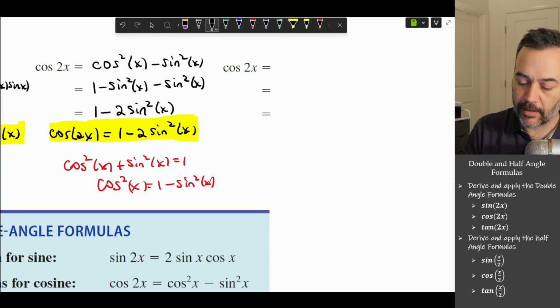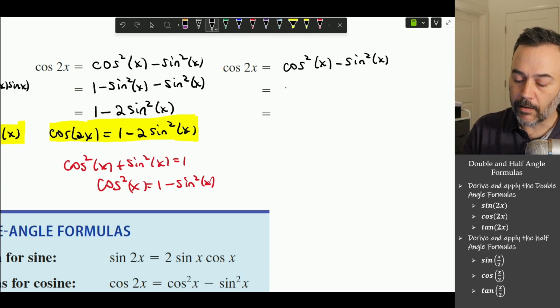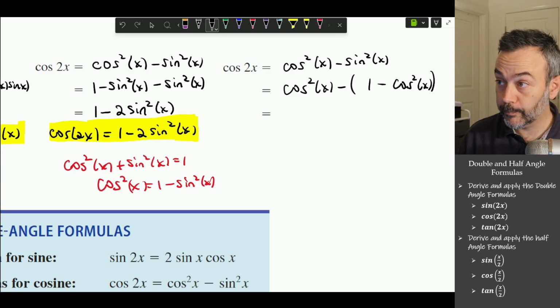So let's do that. Cosine 2x is, well, the first identity is this minus this. Okay. And now I'm going to leave cosine squared alone this time, but I'm going to substitute in 1 minus cosine squared in place of sine squared.